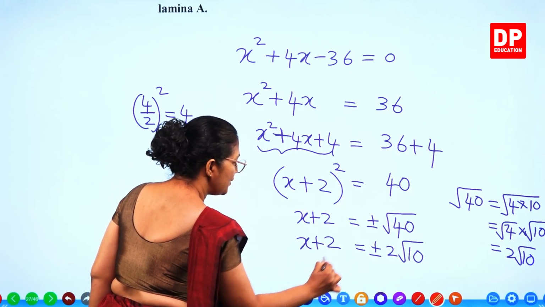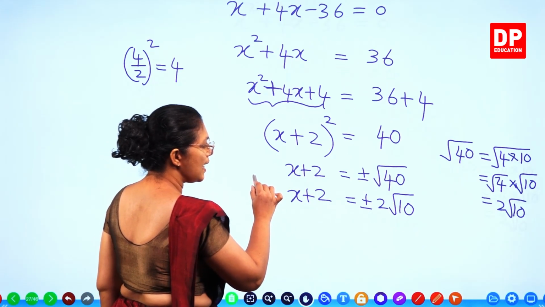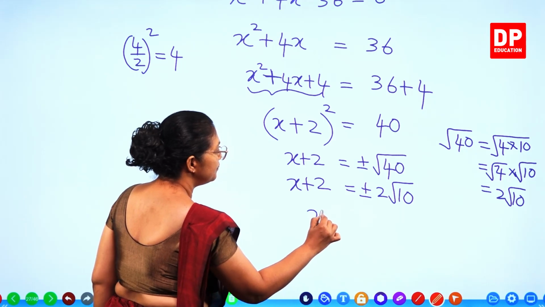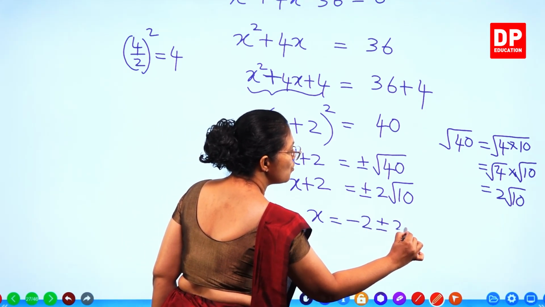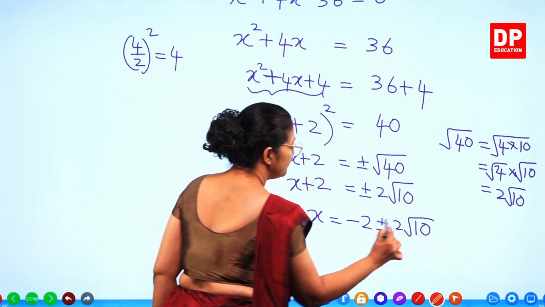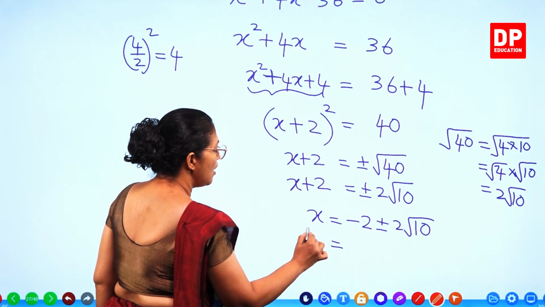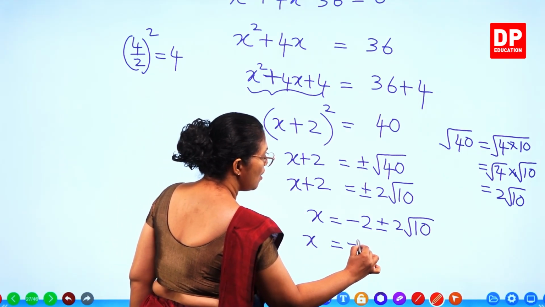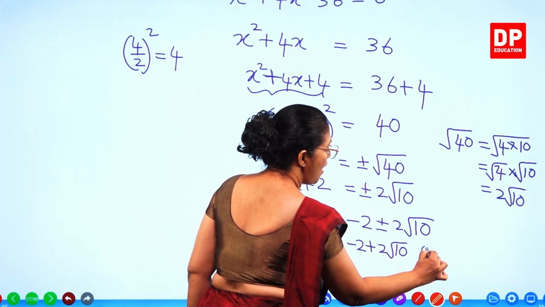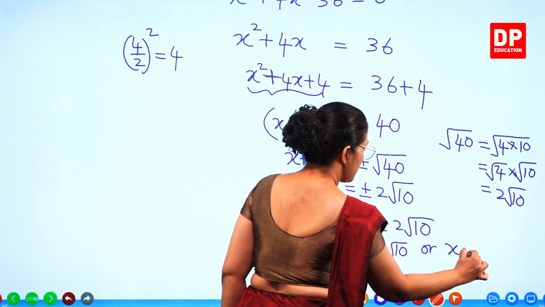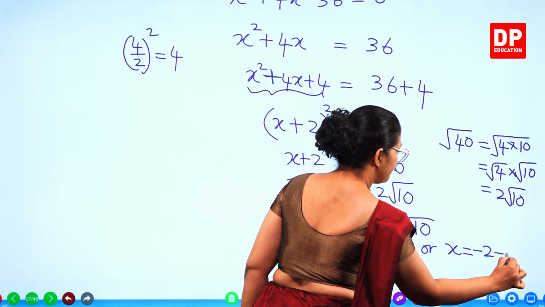So what's the x value? Take 2 to the other side. You get minus 2 plus or minus 2 root 10. So you get one solution with plus and the other solution with negative.